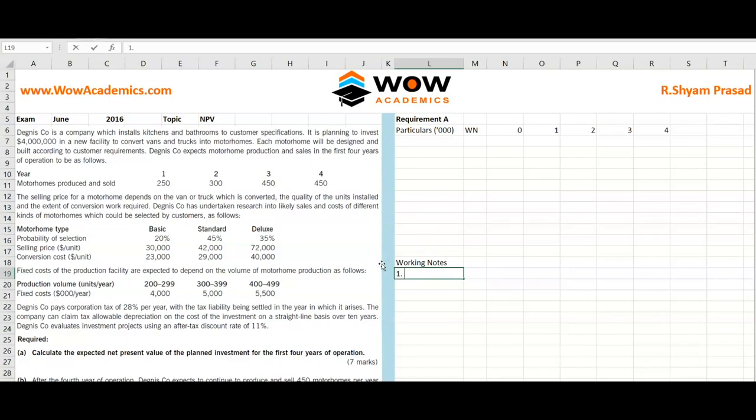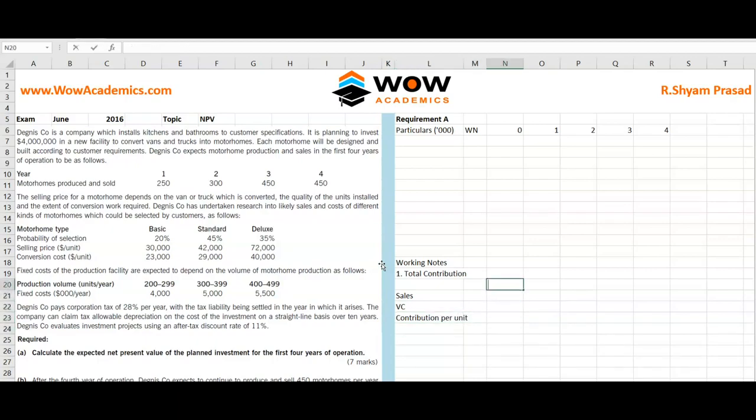First we'll calculate the total contribution. To calculate the contribution, first we have to find out the sales and the variable cost. So sales and the variable cost will give us the contribution, but the data that has been given is contribution per unit. So the answer that we'll get will also be in units.